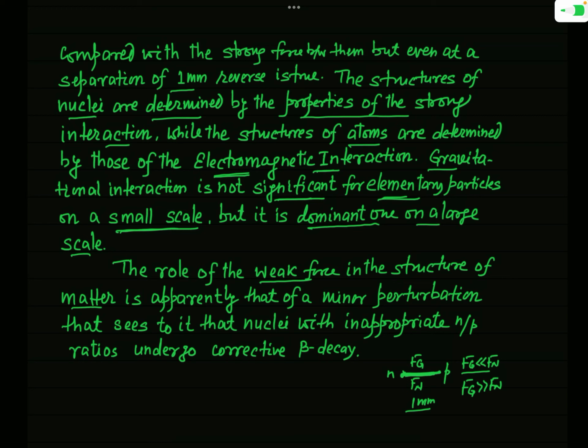In fact, you have studied the process of beta decay, and you have seen that when the neutron-proton ratio in a nucleus gets altered from stability, meaning the ratio of n and p which is required for stability, if for any reason or due to any perturbation the nucleus has a ratio of n and p different from the ratio required for stability, then beta decay takes place.